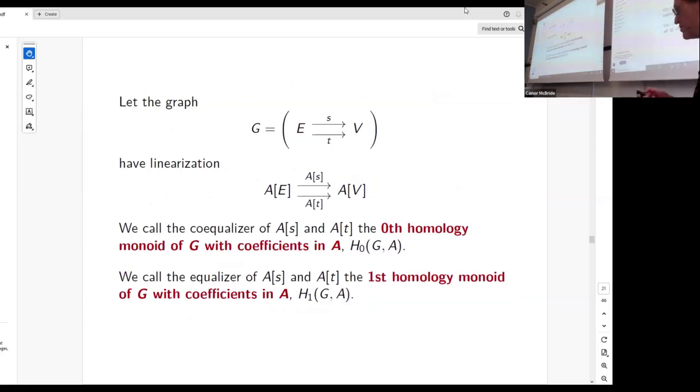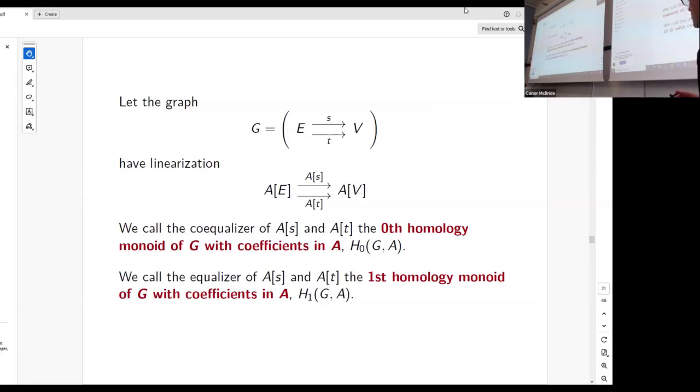So now what you can do is take any graph and hit it with this functor, and you get a commutative monoid of edges and a commutative monoid of vertices, and source and target maps, which will now be homomorphisms of commutative monoids. I'll draw you pictures of examples in a minute, but this is a little diagram, and this is the kind of diagram that in category theory you could take the equalizer or the co-equalizer of.